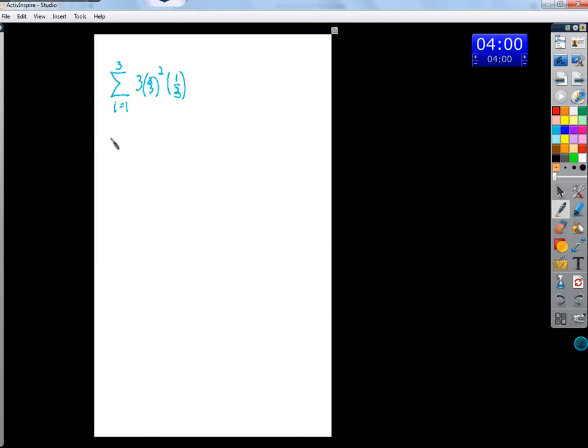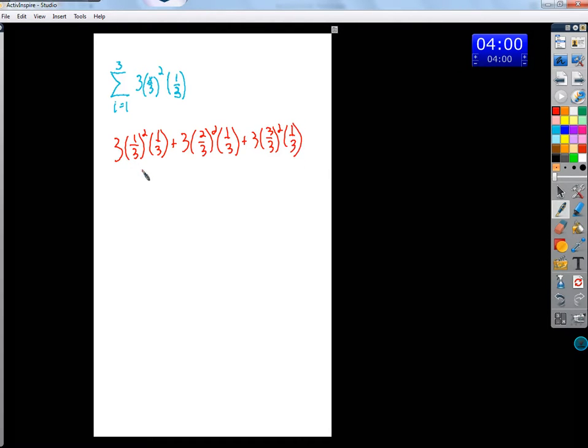So you just plug in 1, so we get the first term. Oh, this is weird. The first term is 3 times 1/3 squared times 1/3, plus 3 times 2/3 squared times 1/3, plus 3 times 3/3 squared times 1/3.